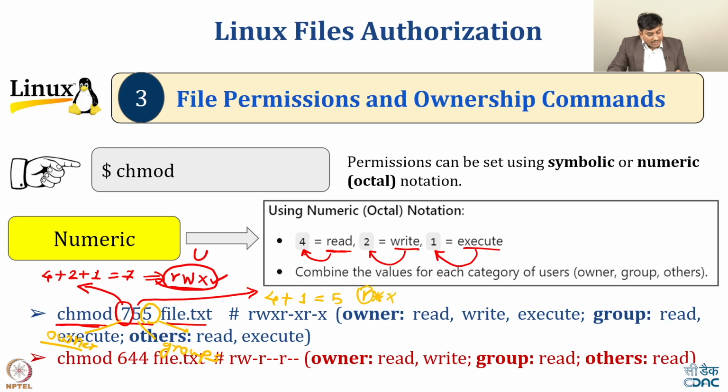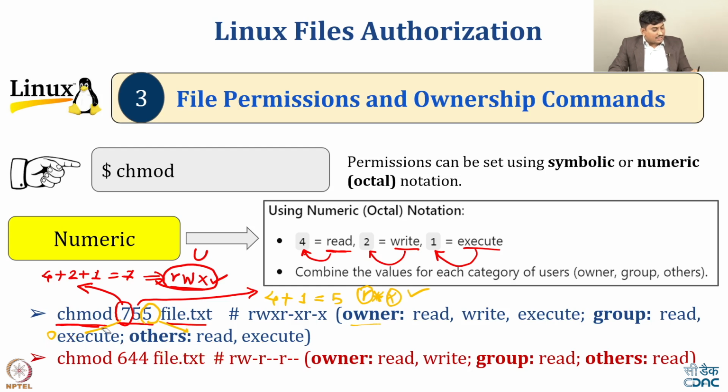So only the read and execute permission they have, but not the write permission. 755 means the owner has read, write, execute permission, the group has read, execute permission, and similarly others also have read and execute permission, right.